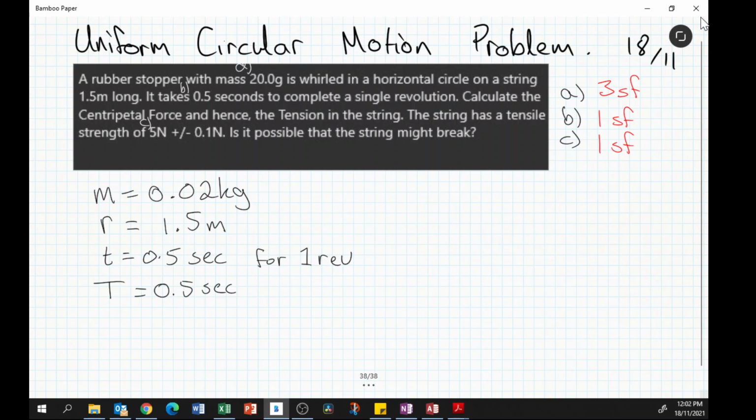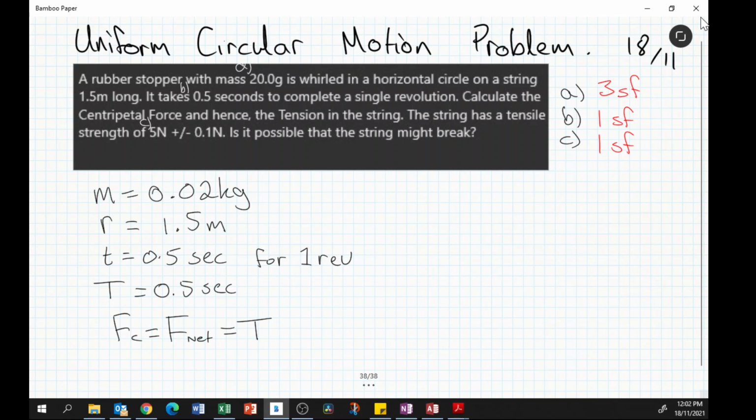We're told we're calculating the centripetal force, so we're looking for Fc, or as we know it to be Fnet. We're ignoring air resistance, gravity, friction, etc. And hence the tension in the string, so we can also establish that that's going to be capital T for tension. Now, see a situation here? See a little problem?